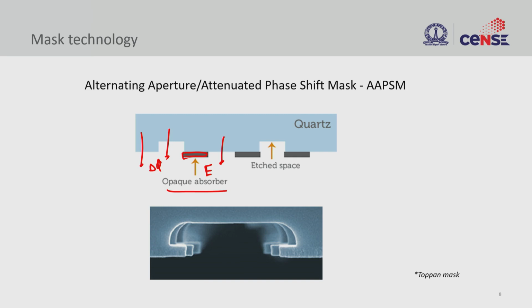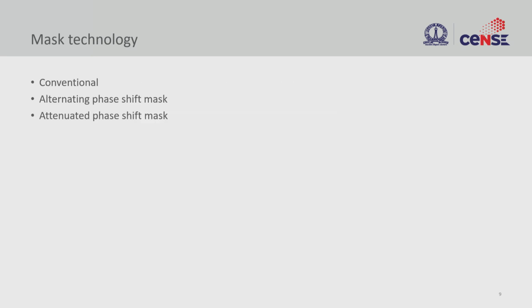But nonetheless, if you have repetitive features, your phase shift mask, attenuated phase shift mask, or advanced phase shift masks are going to be very useful in achieving the required resolution. As I mentioned, you can use conventional technology, or you can use alternating phase shift mask.